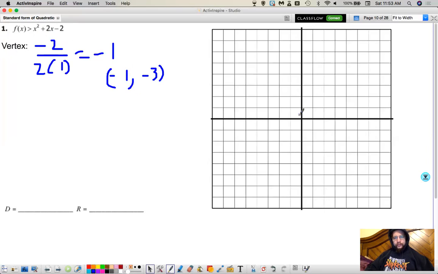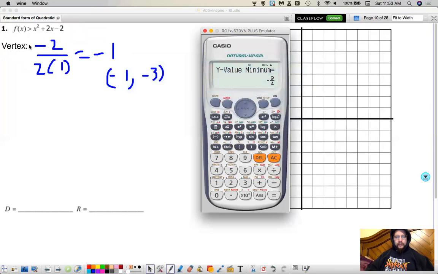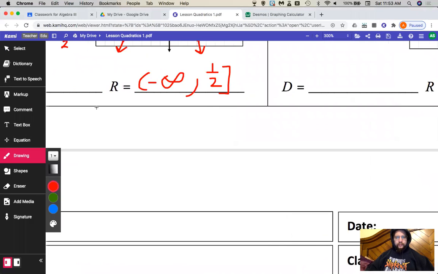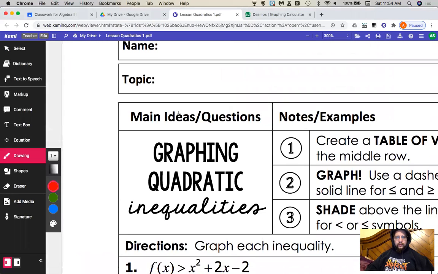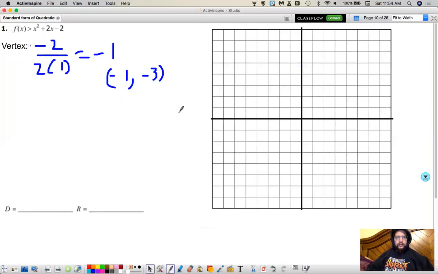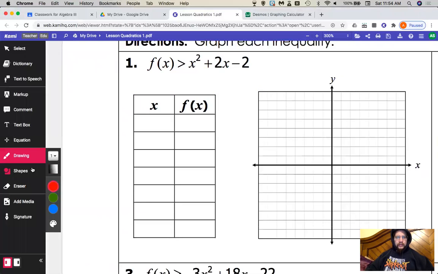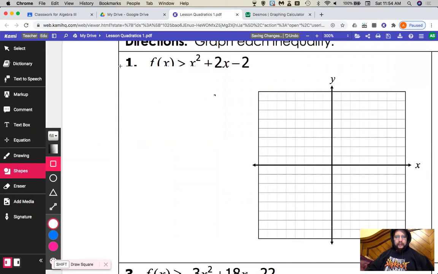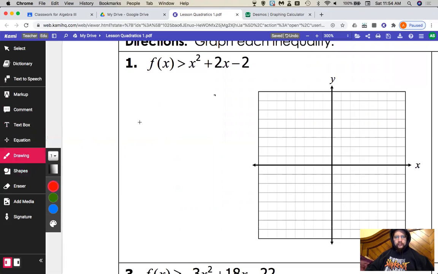Opening up. Let me do this on camera so you can see. Again, don't worry about making a table of values. That's just a waste of time. We have a vertex of negative 1, negative 3.